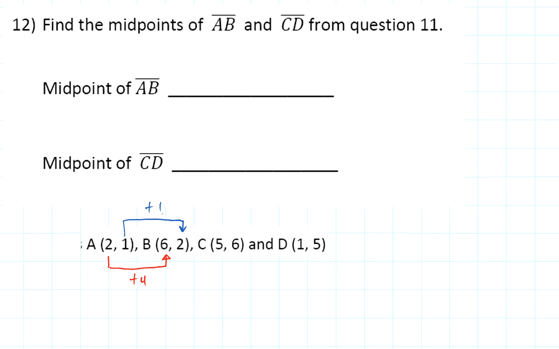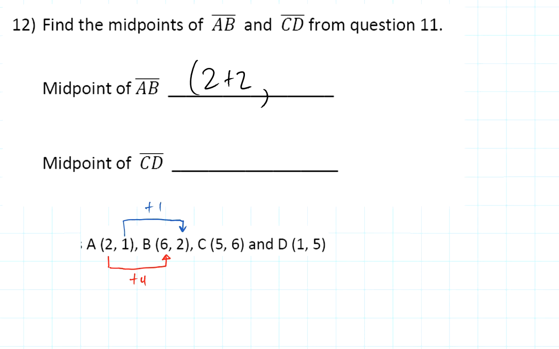So when I'm looking for the midpoint of segment AB, basically I'm going to start at A, and instead of going all the way up 4, I'm just going to go up 2 units. So if I start at 2, which is where it was starting before at point A, and I add to that an additional 2, that should be the x value for my midpoint.